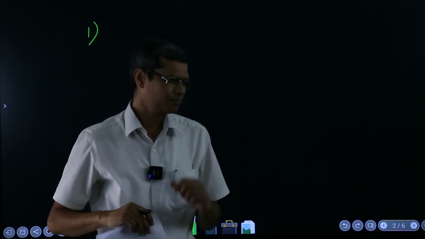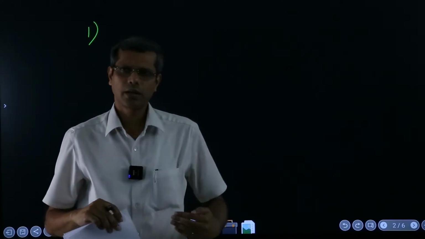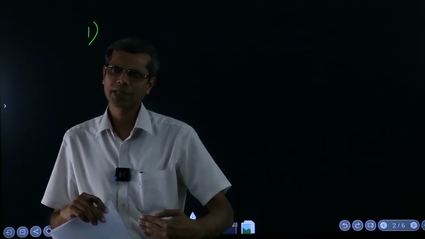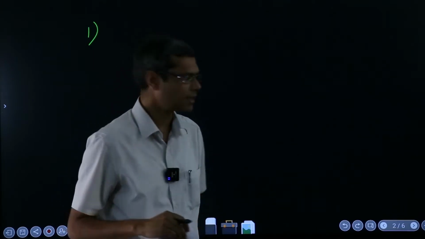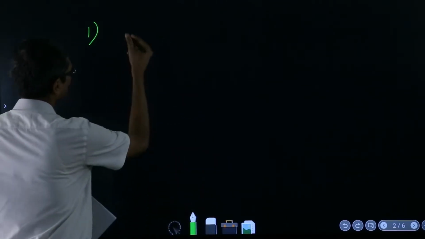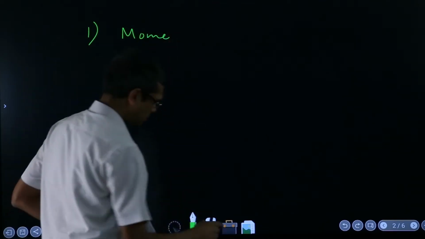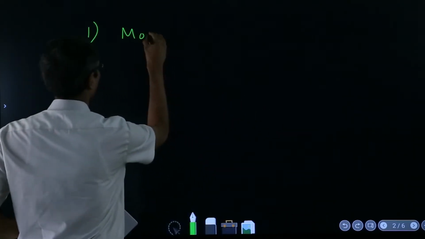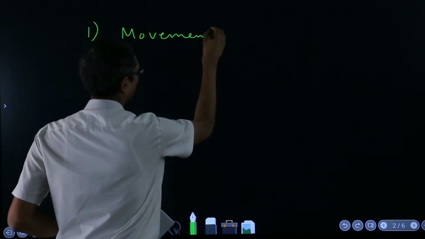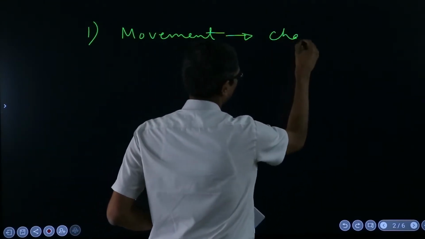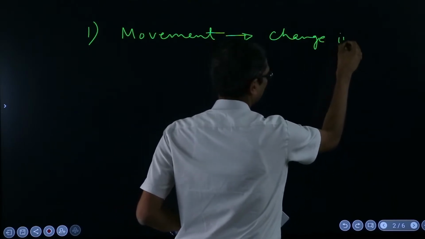One is, as we said, somebody moved something, so a gas particle moved for whatever reason, and that movement caused a change in density.